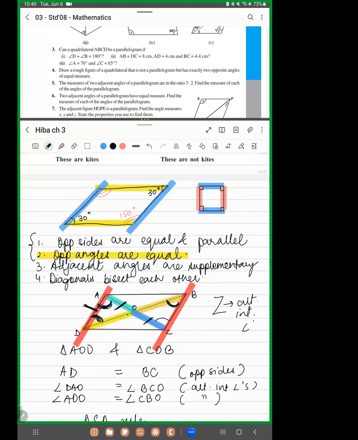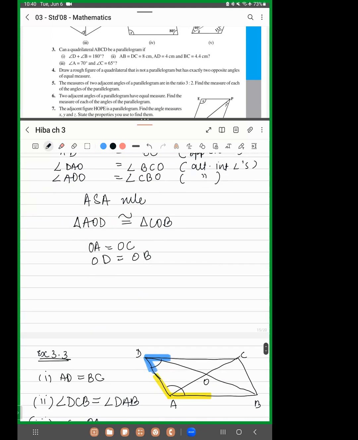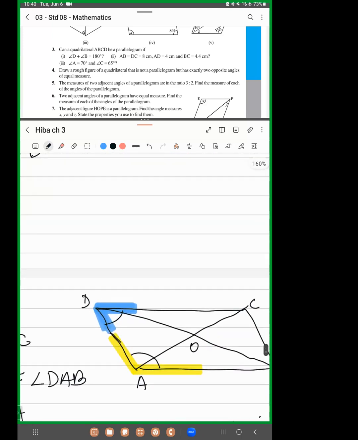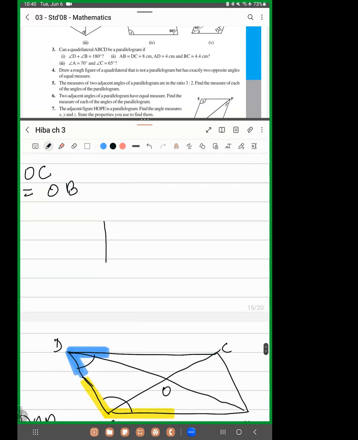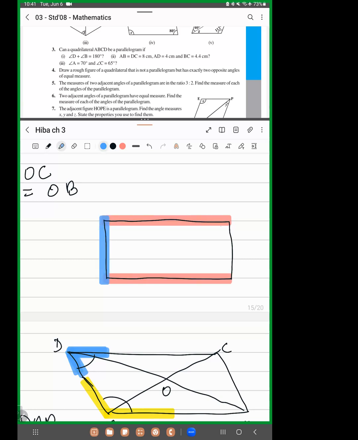It is. What about a rectangle? Is a rectangle a parallelogram? Yeah. Why? Because it has all the properties of a parallelogram. Opposite sides are equal and parallel.